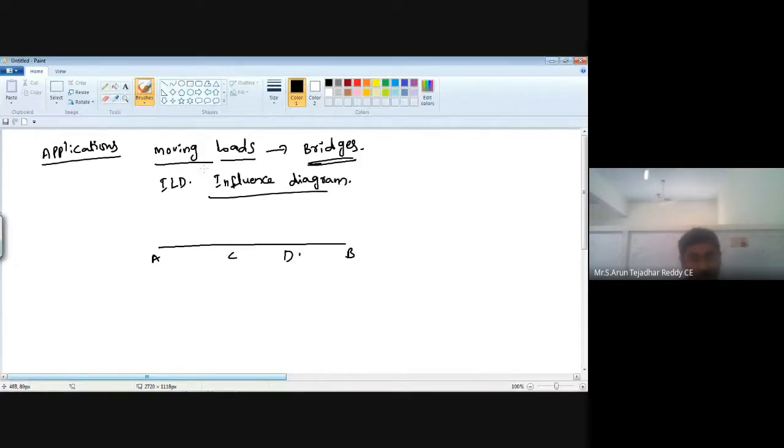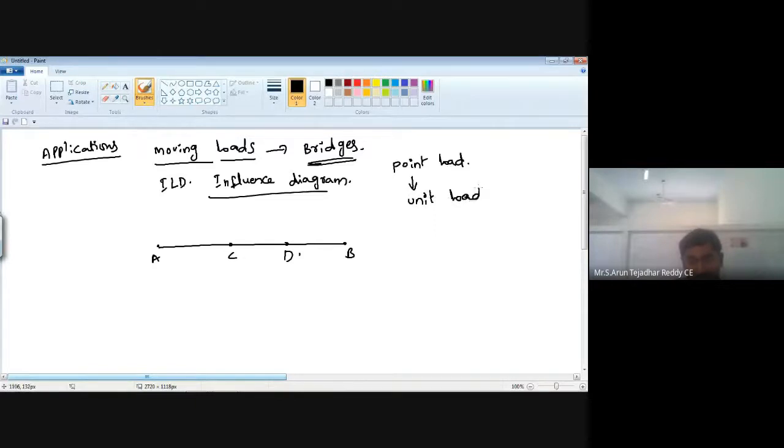Here I am assuming a point load. At any point, whether point A, point C, or point D, it doesn't matter. But consider a point load, a unit load.